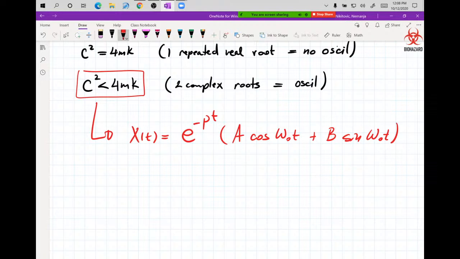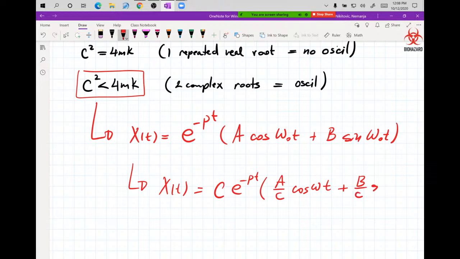And then you get to deal with the calculation for a and b, if you have initial conditions, which can further be simplified into x of t equals e to the negative pt, and then you can have the value c, actually I should put that c in front, and that's going to give you a over c cosine omega 0 t plus b over c sine omega 0 t. There we go, omega 0 t.